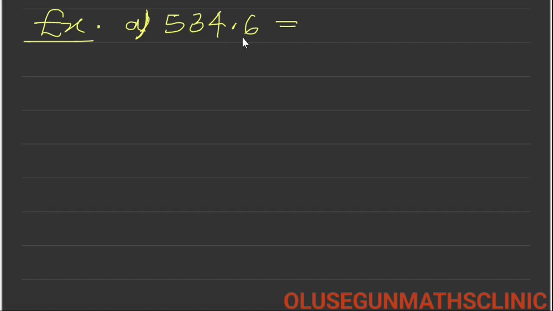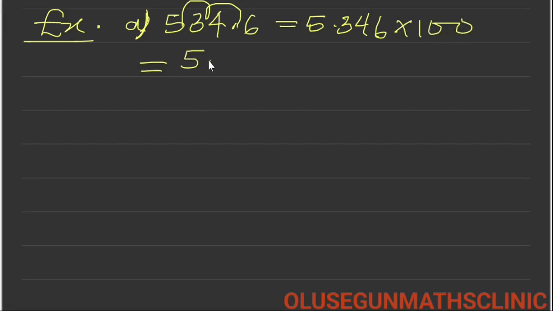As you are shifting backward 2 times, like 1, 2, it will give you 5.346. Now the 5.346, you have shifted the point backward 2 times, meaning that it will give you times 100.